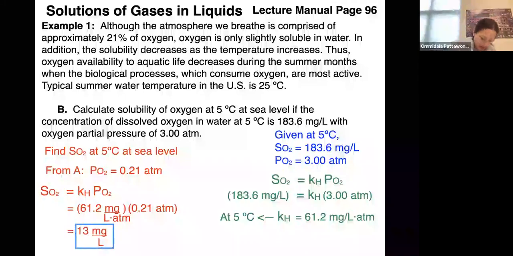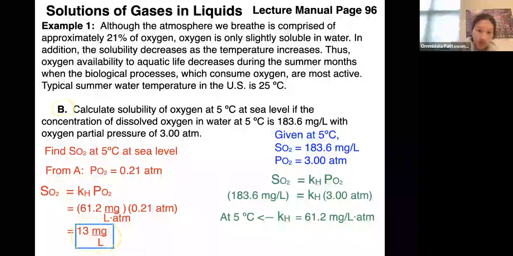If you have only 0.21 atm of oxygen, you are going to have less solubility of oxygen than the one that has high partial pressure. So that makes sense that your answer comes out less than this solubility, because this one has higher partial pressure. So this would be your final answer.